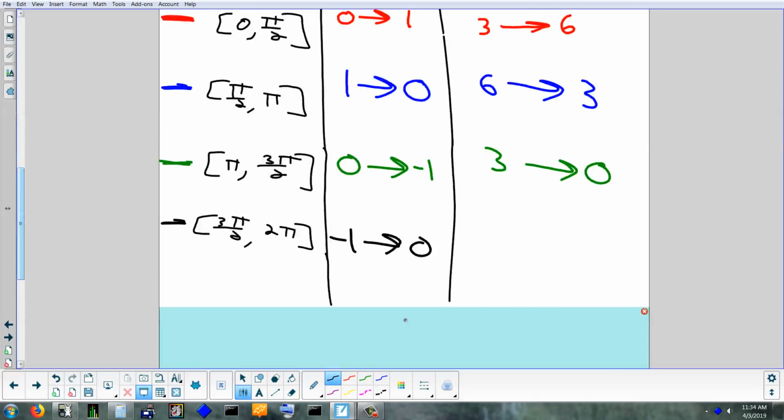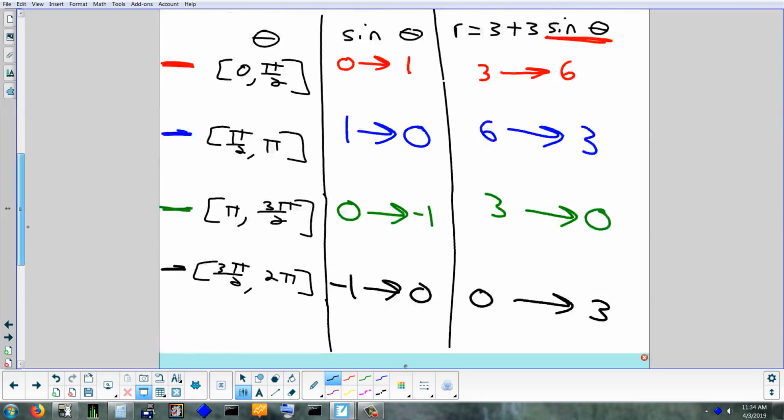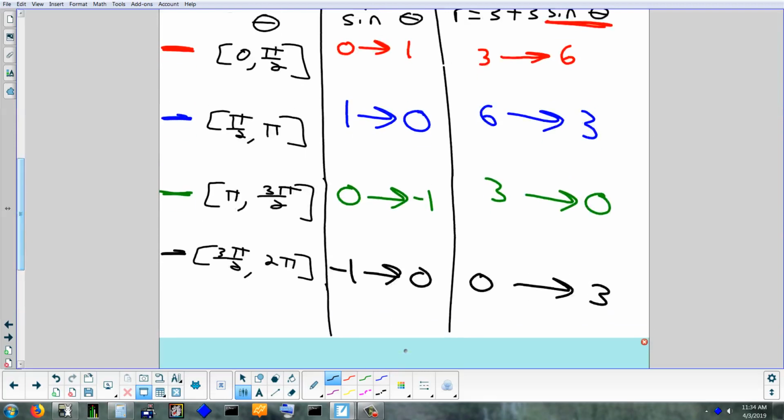In the fourth quadrant, the radius is going to grow. It's like it's spiraling back out from 0 to 3. This column on the right is the most important one, because that tells us how far away from the origin to draw our points.